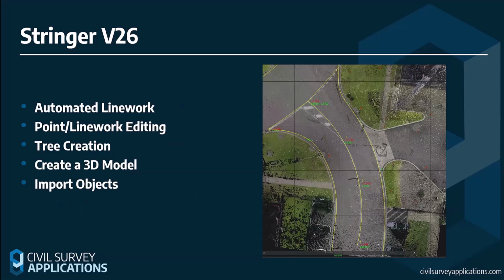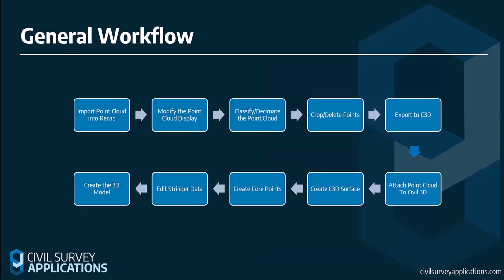So the way I envision a workflow being, this is how I've worked on things on my end, is I see users importing point clouds into Recap, modifying how they want it to look, classifying, decimating the point cloud as needed. From there, cropping and deleting points further through a more focused method, exporting that data out to Civil 3D.